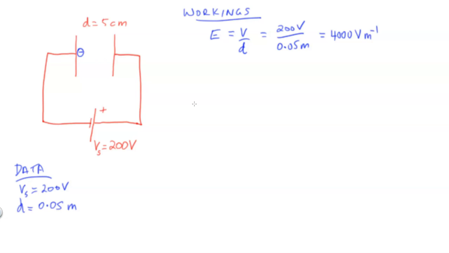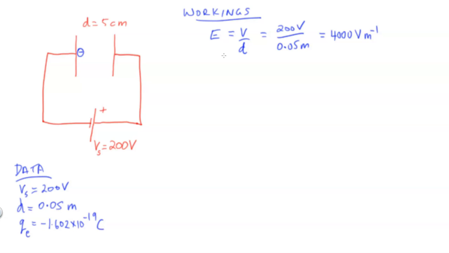Okay, so what information is not provided is the charge on the electron. So we get that from the syllabus data sheet, which gives a value for the charge on electron as minus 1.602 times 10 to the minus 19 coulombs.